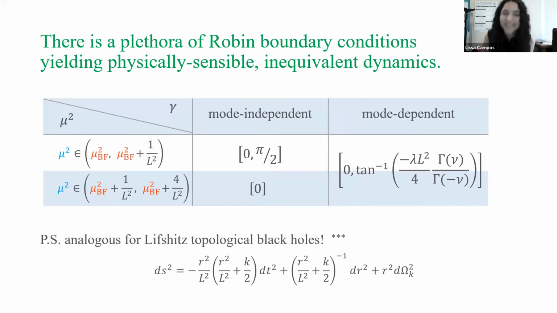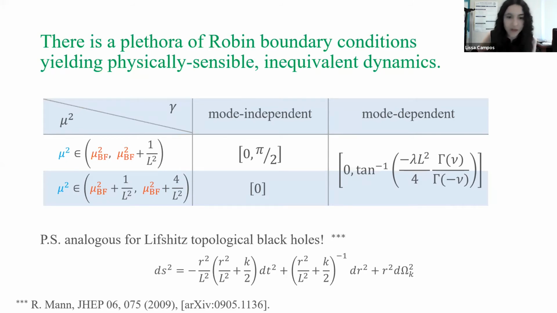And in addition, we actually considered Lifshitz topological black holes obtained by Mann. And we did a very similar analysis there. Everything works analogously, though the Ricci scalar is position dependent. So we get more complicated conditions, but it works, and that's it. So I guess we can have some questions now.